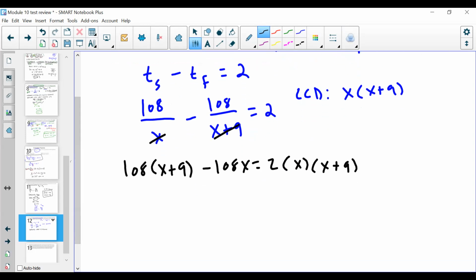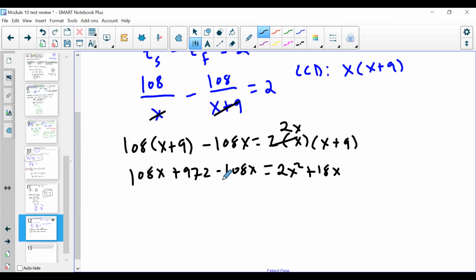So distribute this out. I'm going to solve it out. So 108 times x is 108x. 108 times 9 is 972. Minus 108x. And here I basically have a 2x right here. I can distribute this in to get 2x squared plus 18x.